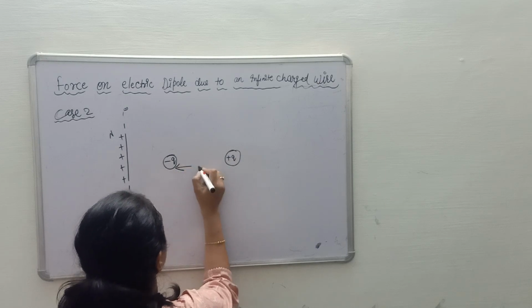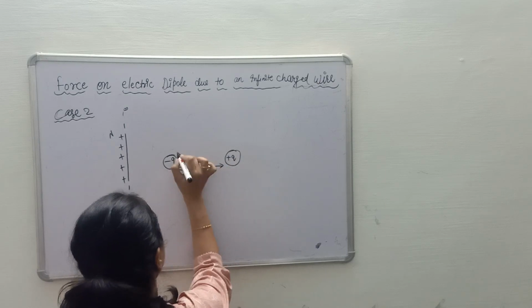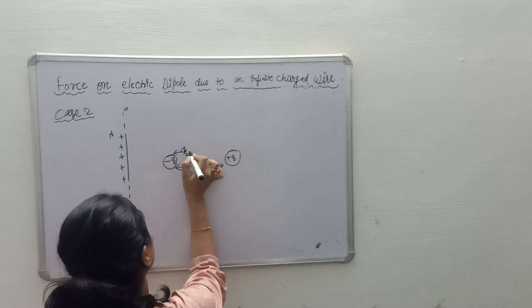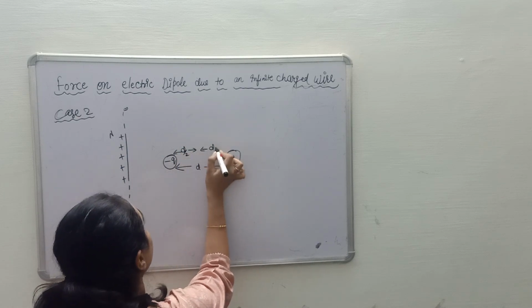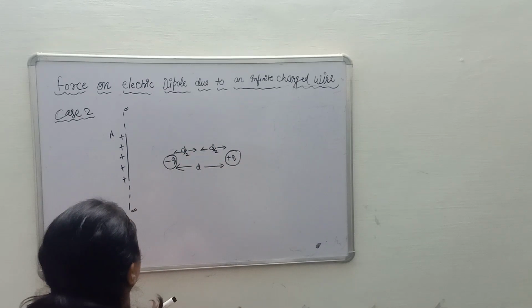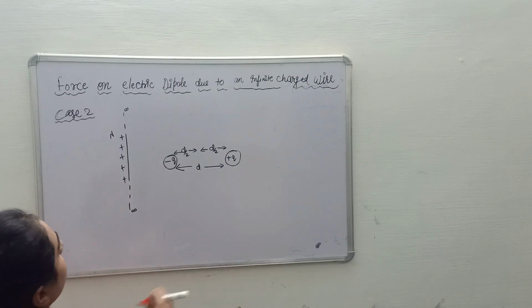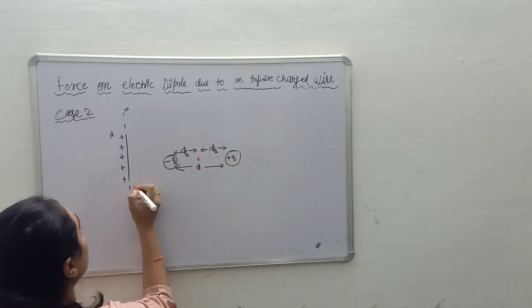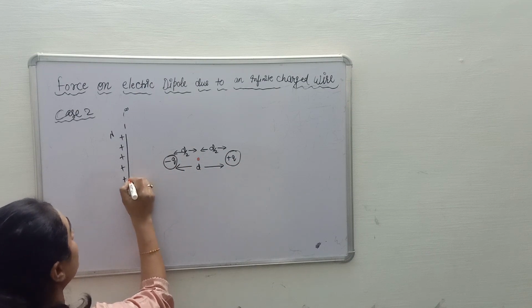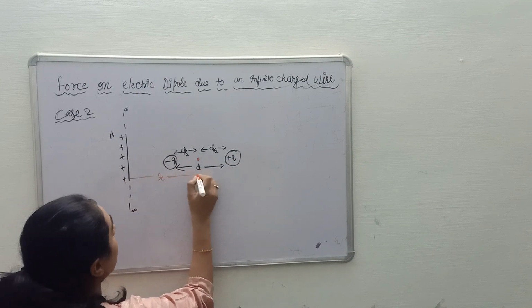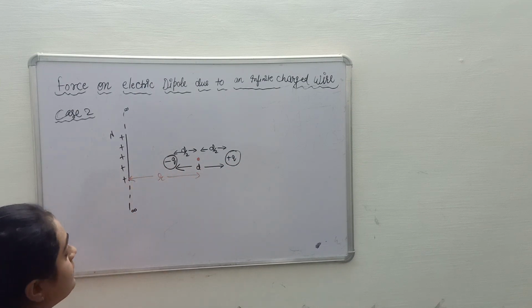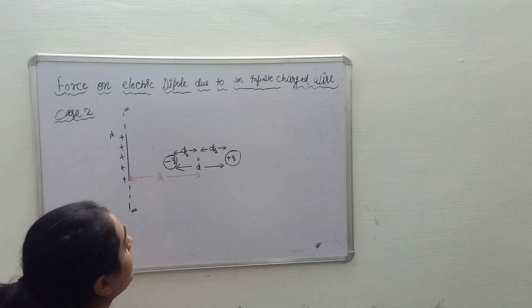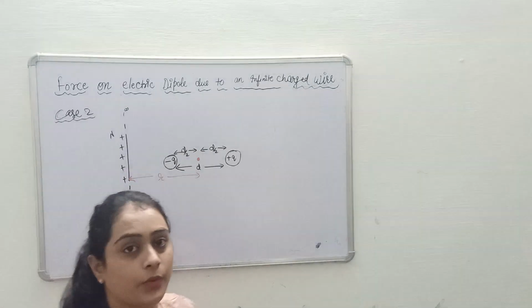The distance between the charges is d, and half of the distance is d by 2 on each side. From the center of the dipole, the distance from the wire is taken as r.